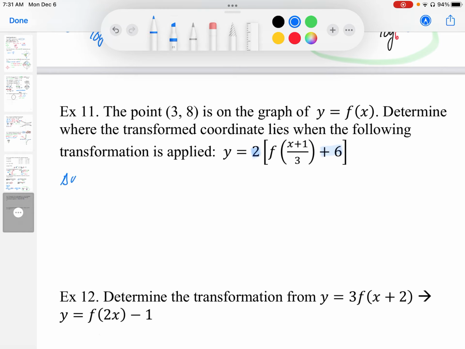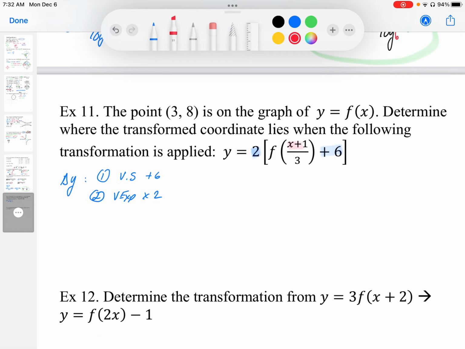When I describe the change in y, we're first going to do a vertical shift of +6 that's inside the brackets. And then secondly, we're going to do a vertical expansion by ×2 because that's on the outside. So that's our change in y.